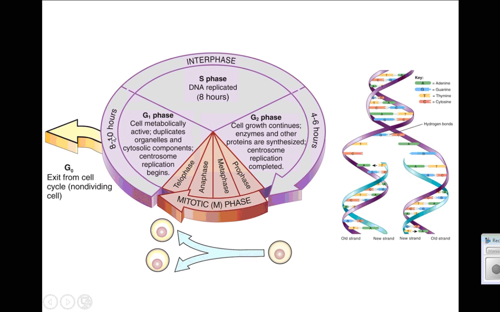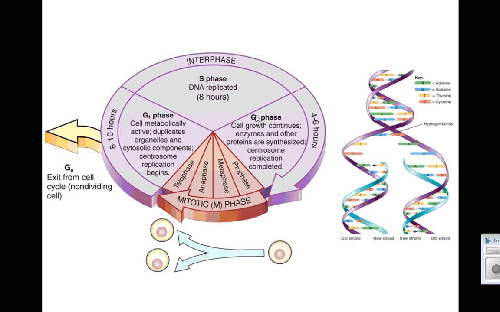Here we can see a description of the two phases. Most of the cell's life is spent in interphase. This is when the cell's normally functioning, doing the different things that we talked about those organelles doing. There's G1, S, and G2 phase.